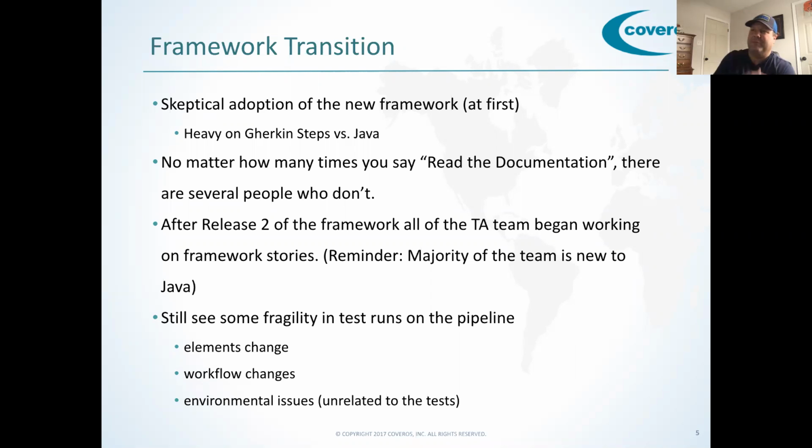After we had release 2 of the framework, Madavi, who is in charge of the engineering group, wanted his team members to start to get more work within the framework and get used to Java.